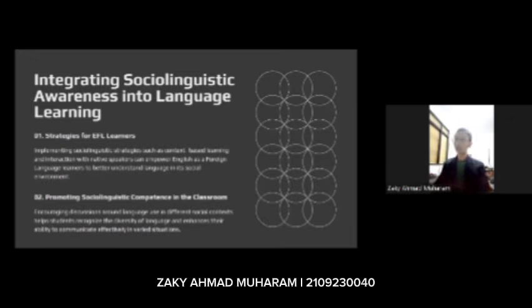And the second one is that promoting sociolinguistic competence in the classroom can also encourage discussion around language use in different social contexts, which helps students recognize the diversity of language and enhances their ability to communicate effectively in varied situations.